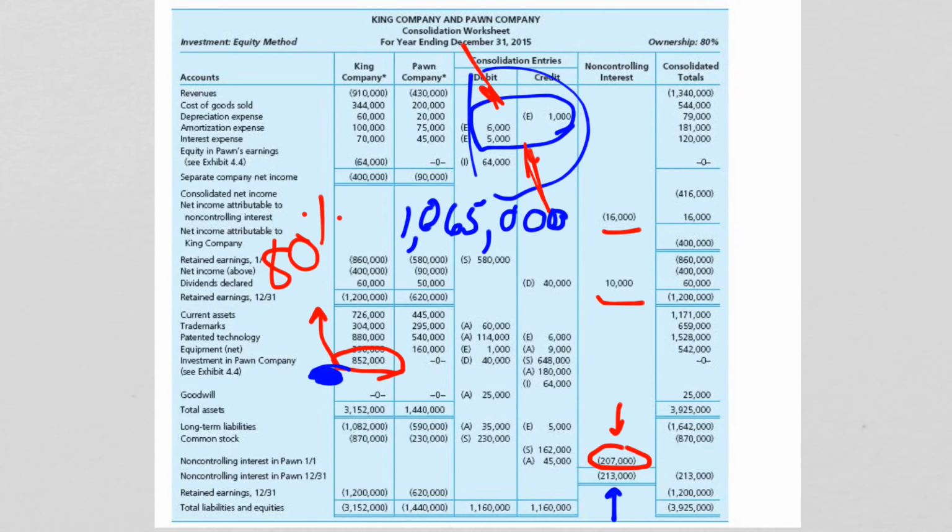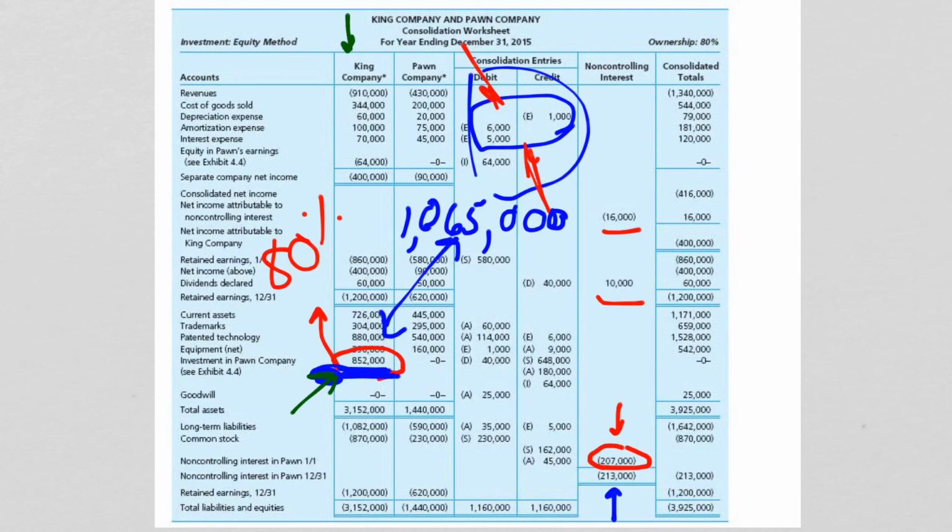1,065,000. Now leave your calculator on and take the difference between these two numbers, and you're going to get what is the other part of the missing 80%. You're going to get the 20%. The 20% you get here is at the end of the year for the King Company. It's the end of the year after they made the adjustments for equity method in the current year.